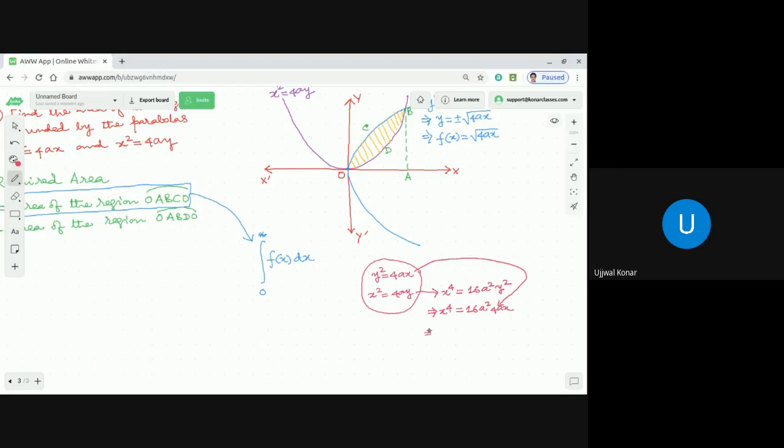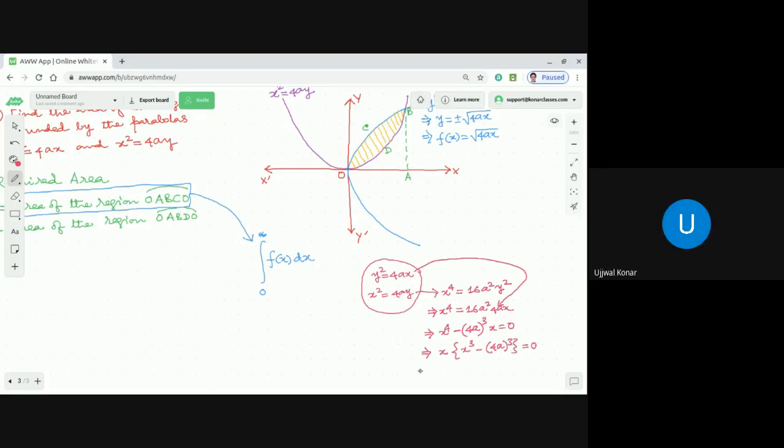So this implies x power 4 minus (4a) whole square, 4a into x, that is 4a cube into x, is equal to 0. That means x into (x power 3 minus 4a power 3) is equal to 0, correct or not?